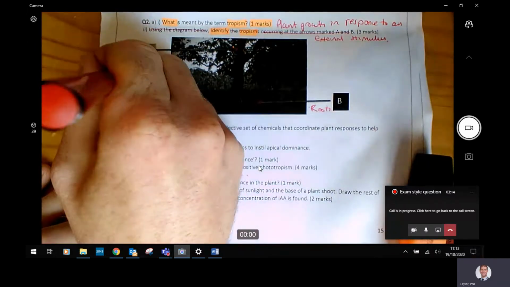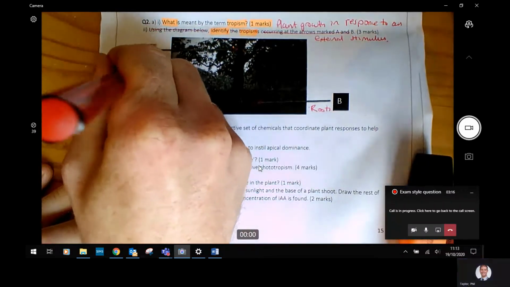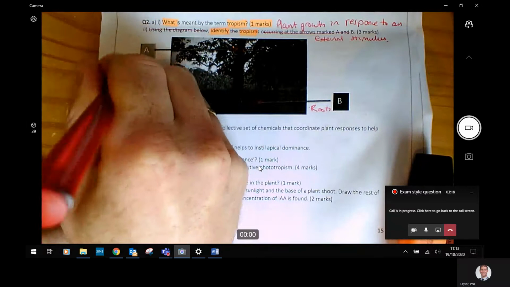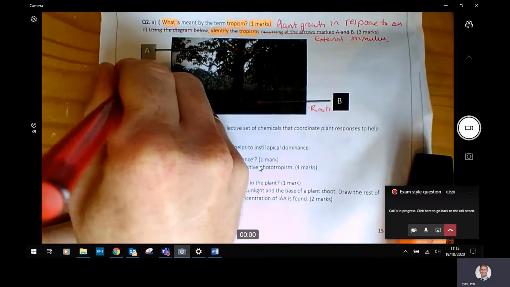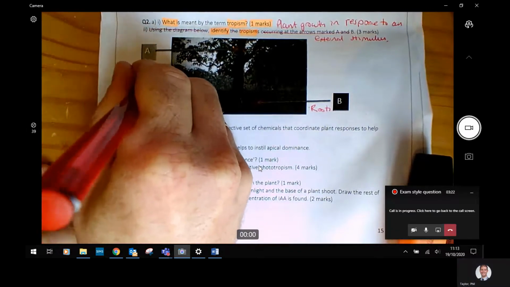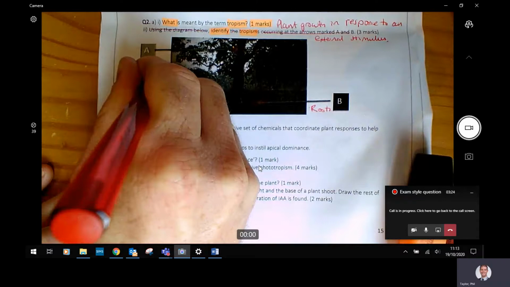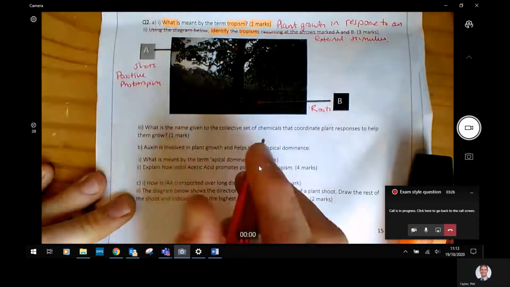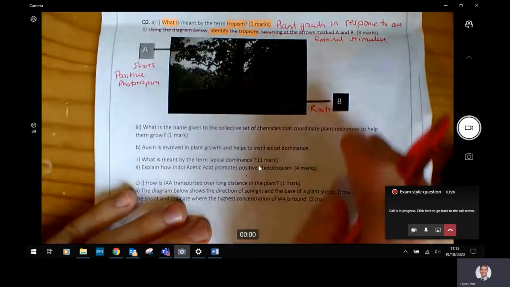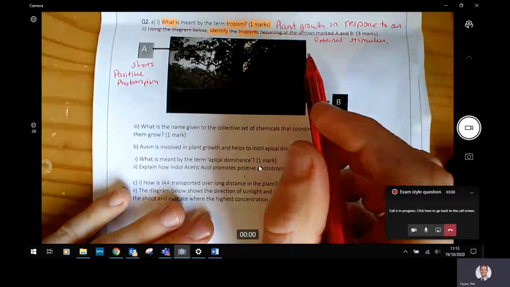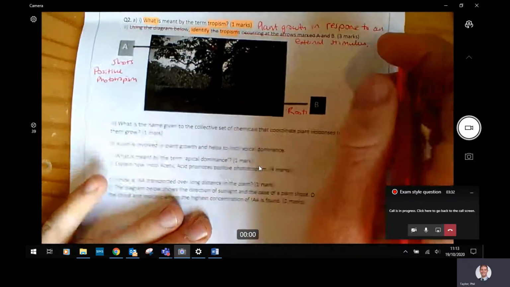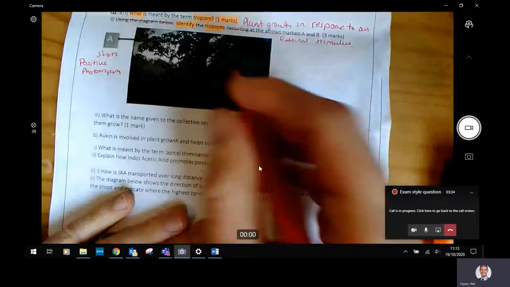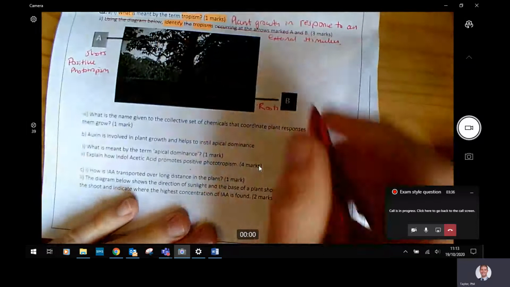A is our shoots. Shoots is positive phototropism, because we know that shoots respond to the light. We've also got negative gravitropism there too, but we can see that it's the sunlight and therefore positive phototropism.